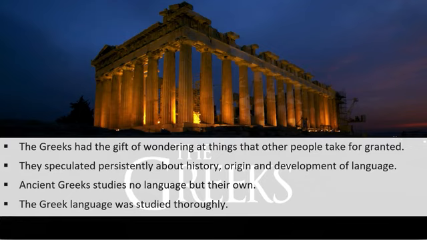However, there was a tiny limitation. Ancient Greeks studied no language but their own, because the community system wasn't as wide as it is nowadays. The Greek structure was considered the universal form of human thought, which is not correct. The universe was not restricted or limited to the Greeks only.